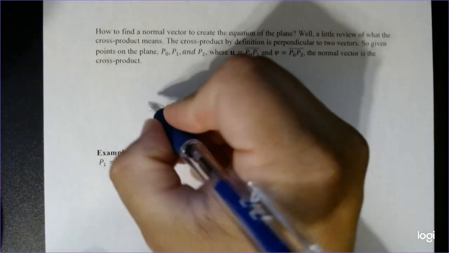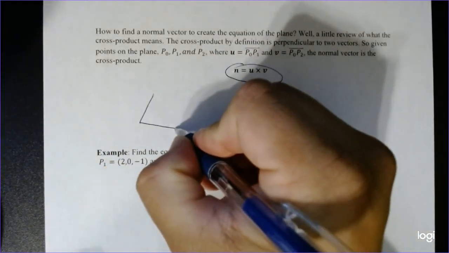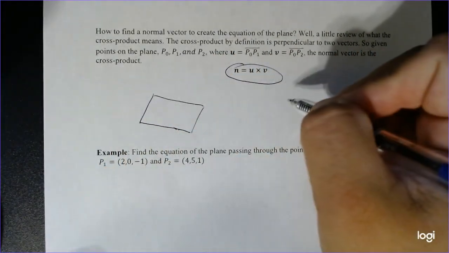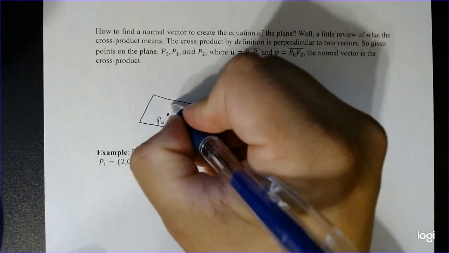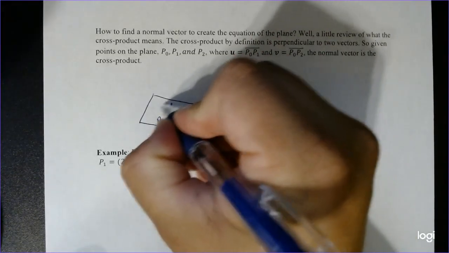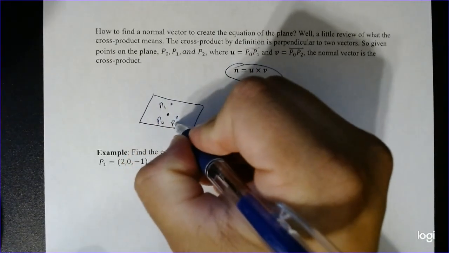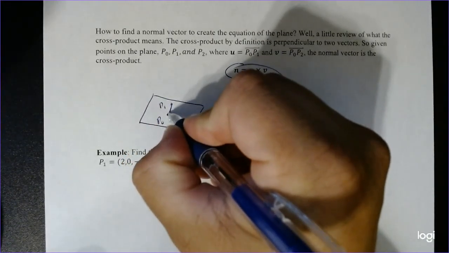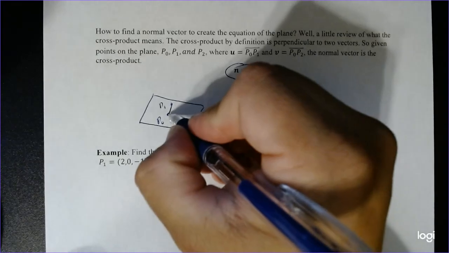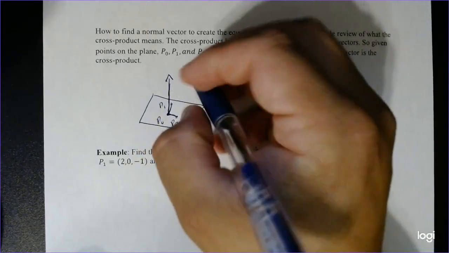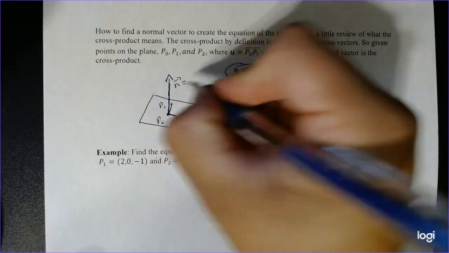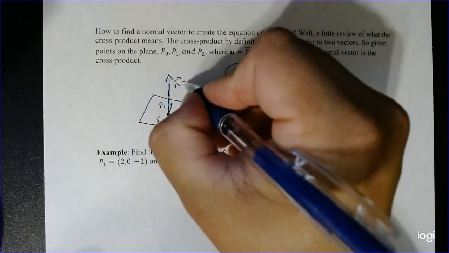So again, a visual representation of what's actually happening here. Give it a plane, or say 2 points on there, P1 and P2. All these are perpendicular to each other, which is perpendicular to this normal vector here, which is going to be the cross product.